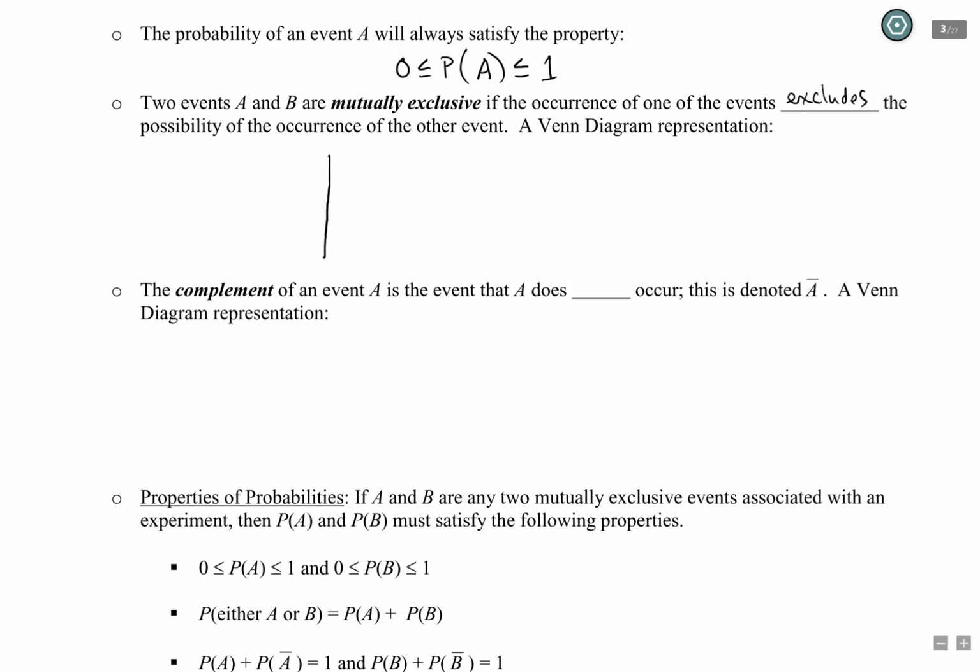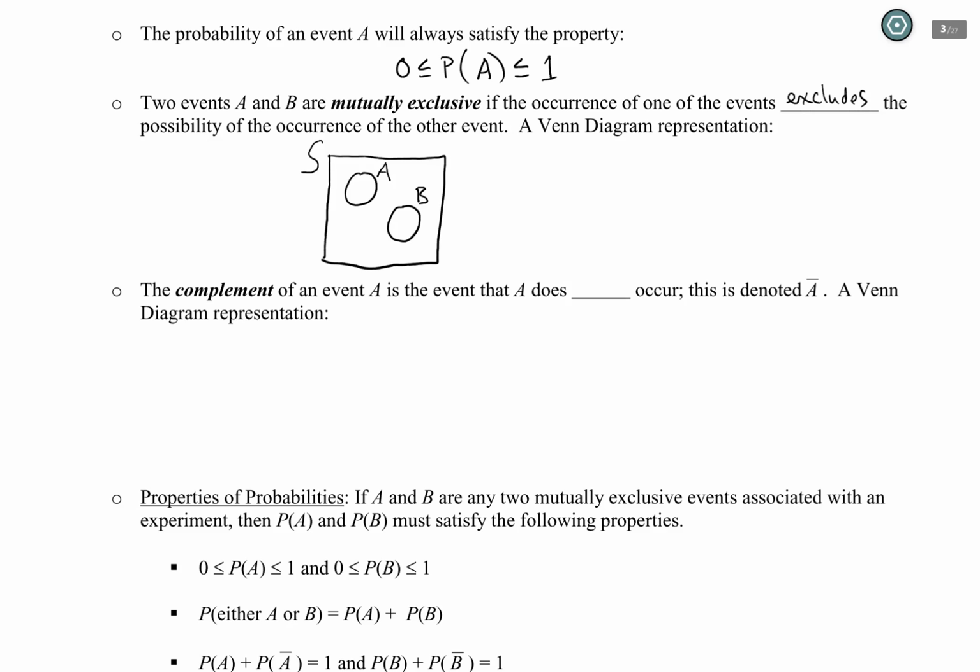I'm going to draw a little square here that's going to represent the sample space S. Within the square, I'm going to have A, this circle A, another circle B. Now A and B are contained within S, but there's no overlap between A and B. Okay, so we say they're mutually exclusive.